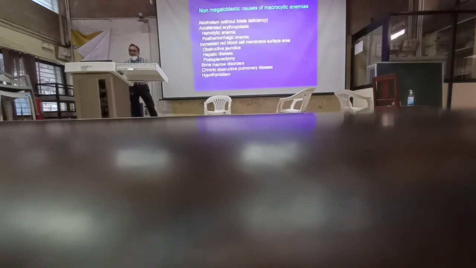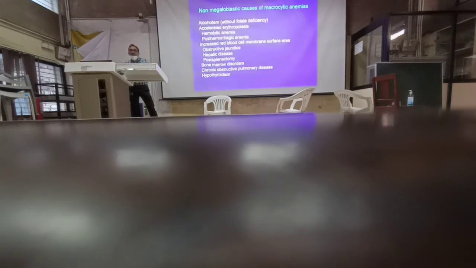In the CBC, the RBC count is low, WBC count is low, and platelet count is low, so pancytopenia is the commonest presentation. Later on morphology, macro-ovalocytes are present and hypersegmented neutrophils are present. You will advise to check the CBC, which shows an MCV of more than 120.